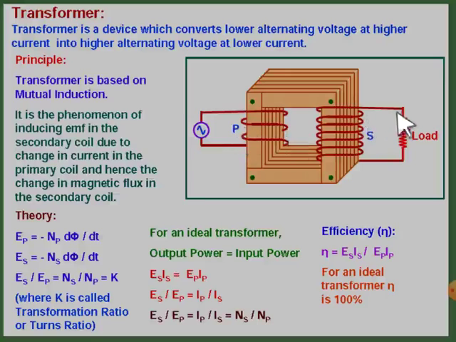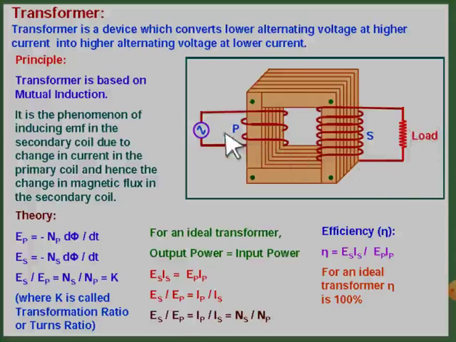And wherever the output AC is taken out, that coil we call the secondary coil. This output current is taken out across a load, a high resistance known as the load. So across these two terminals, one here and another here, the output will be taken out.